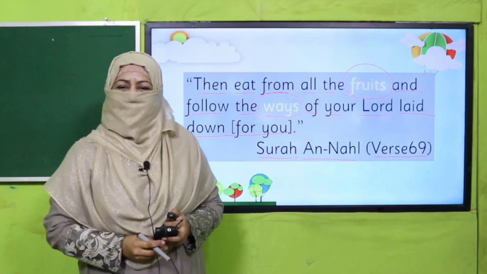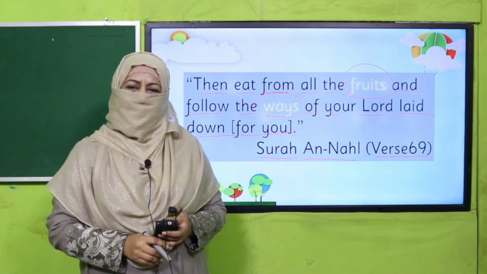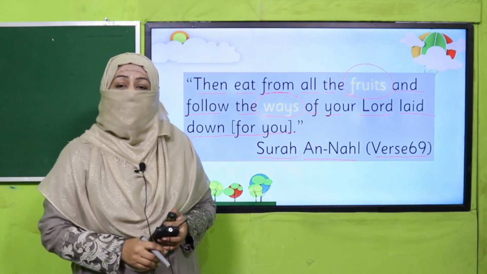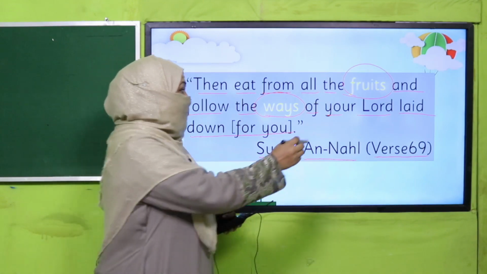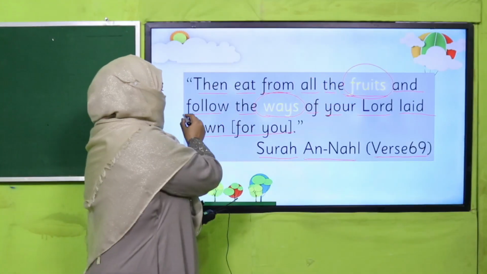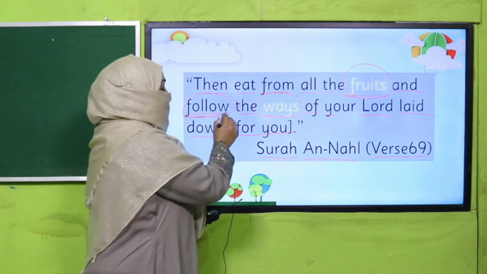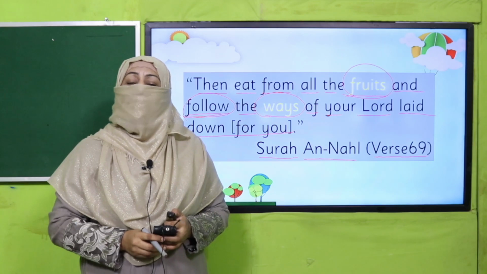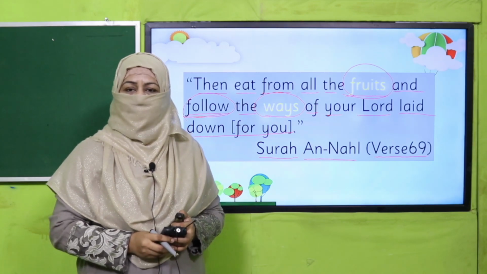Yes, my dear children, what is the message of this beautiful verse? Beta, Allah subhanahu wa ta'ala is mentioning whatever Allah has created for you, for example, fruits, eat it and follow the ways. Do what Allah wants us to do, right? So we should always obey Allah subhanahu wa ta'ala.